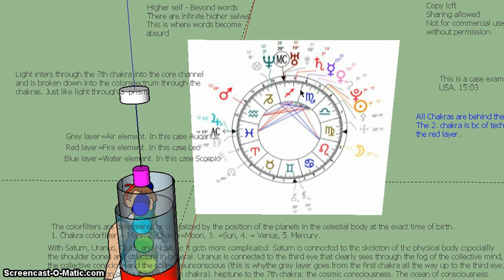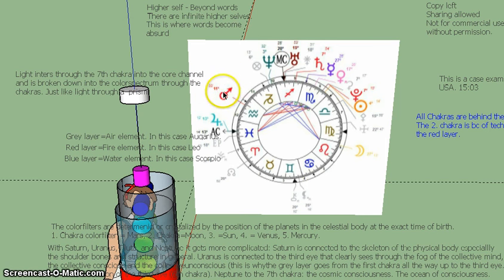So the colors I've put here change according to what element they are, and which specific chakra and astrological sign has been imprinted onto the energy system, one could say maybe.